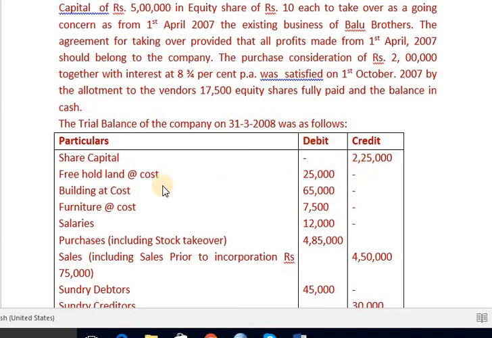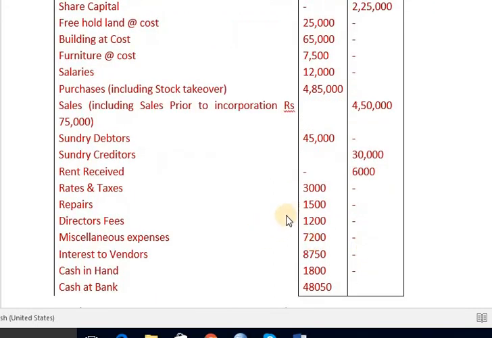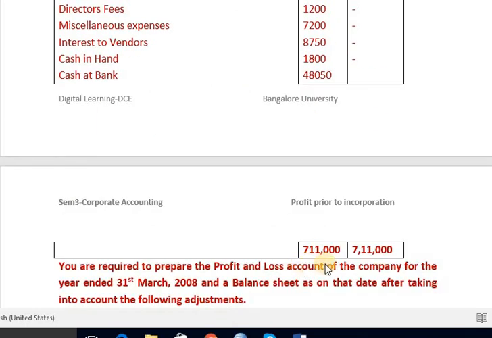Share capital 2,25,000, freehold land at cost 25,000, building at cost 65,000, furniture at cost 7,500, salaries 12,000, purchases including stock taken over 4,85,000, sales including sales prior to incorporation rupees 75,000, 4,50,000, sundry debtors 45,000, sundry creditors 30,000, rent received 6,000, rates and taxes 3,000, repairs 1,500, directors fees 1,200, miscellaneous expenses 7,200, interest to vendors 8,750, cash in hand 1,800, cash at bank 48,050, total 7,11,000.